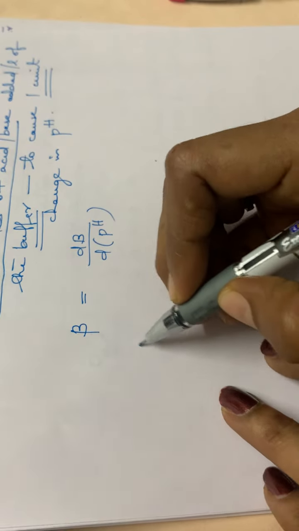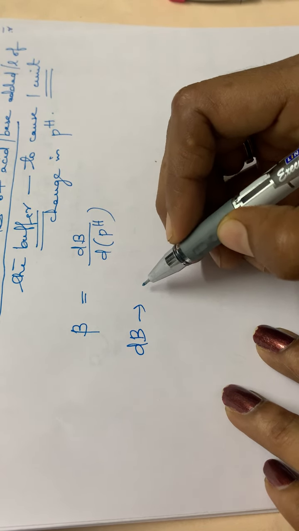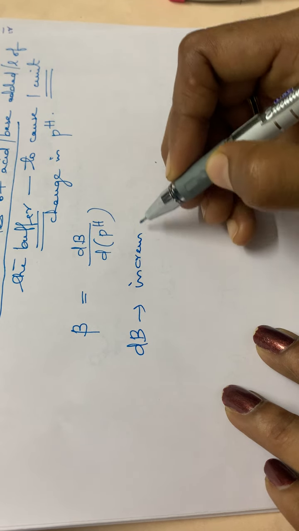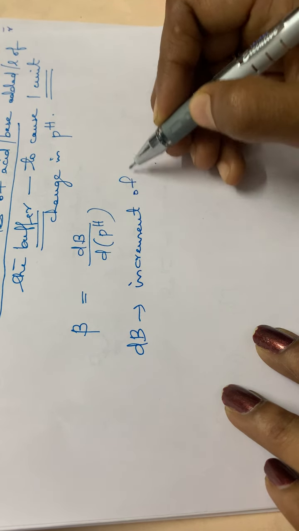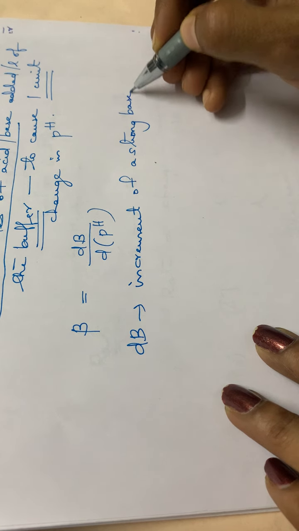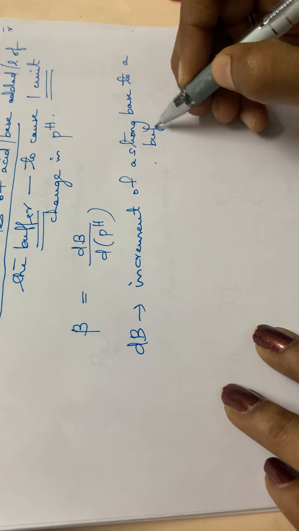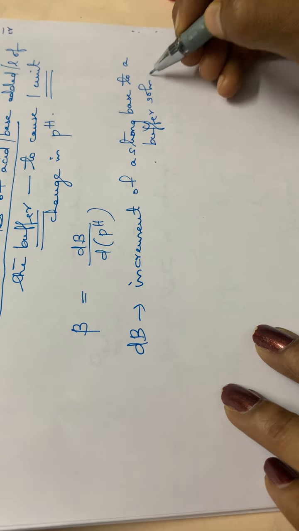Then again, dB means the increment of a strong base added to a buffer solution. That is what dB means.